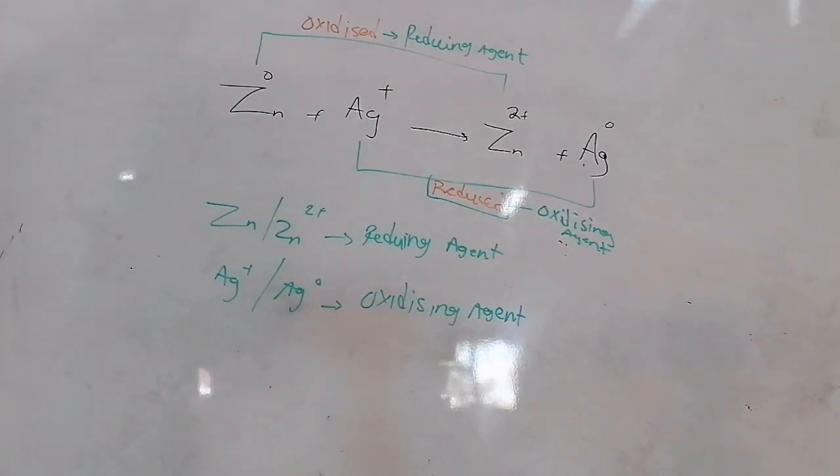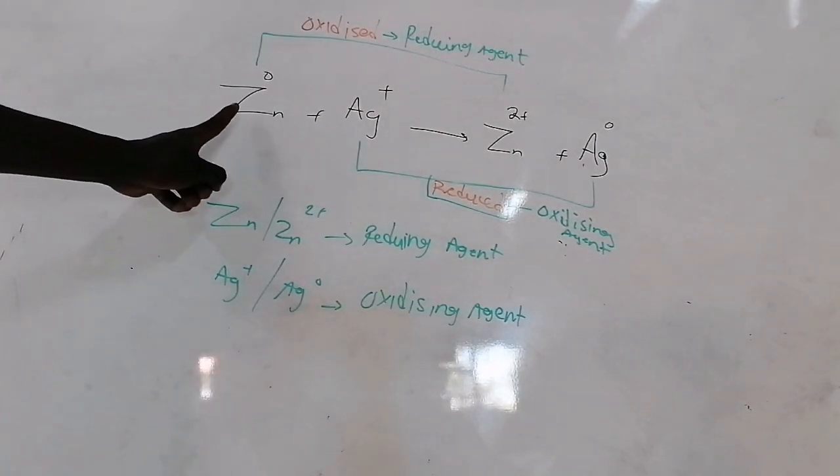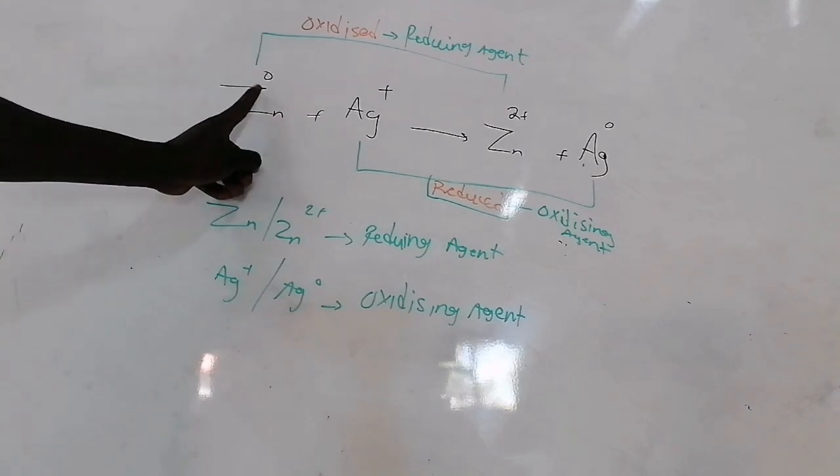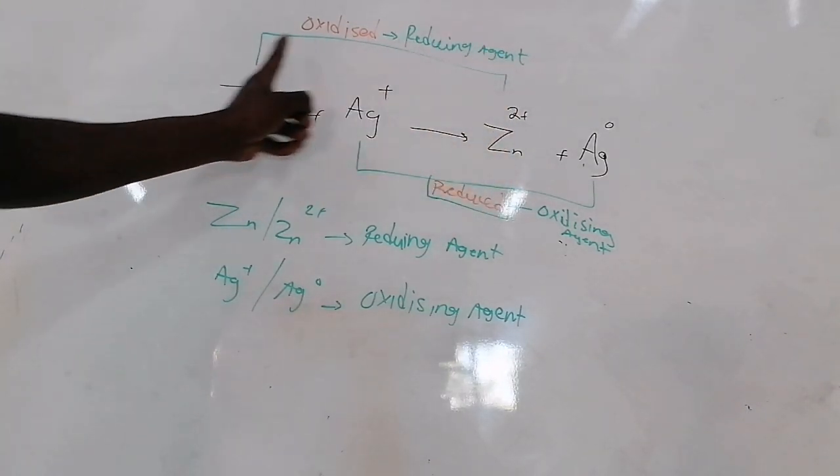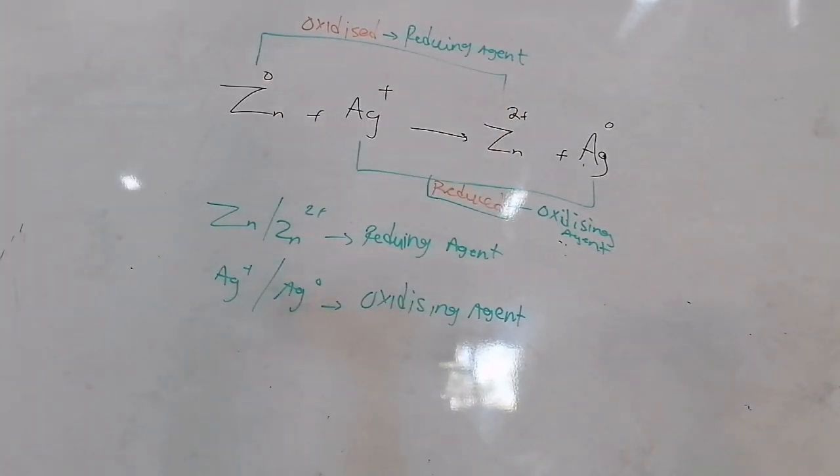Now, they can ask you, why are you saying that these are reducing agents? They ask it like this: explain in terms of oxidation number. Why did you say that the ones you chose to be a reducing agent are oxidized?